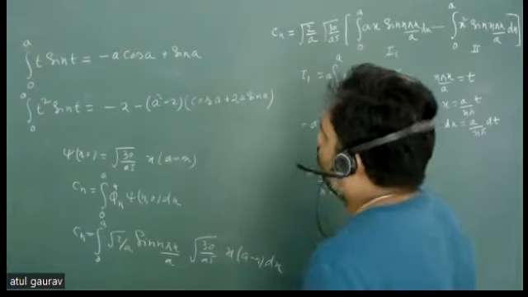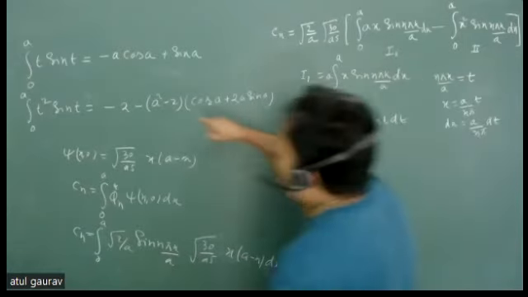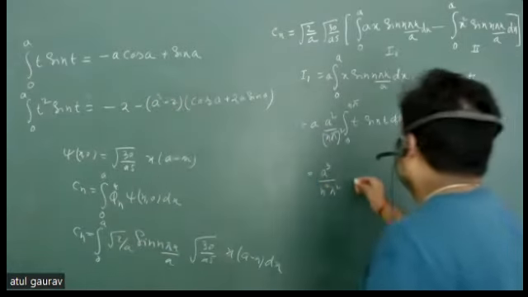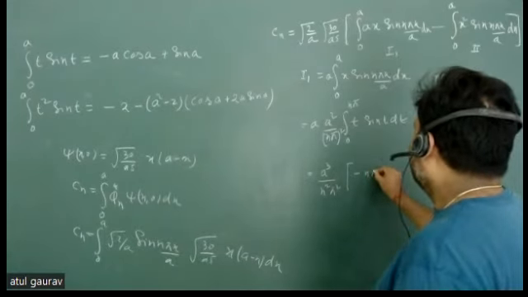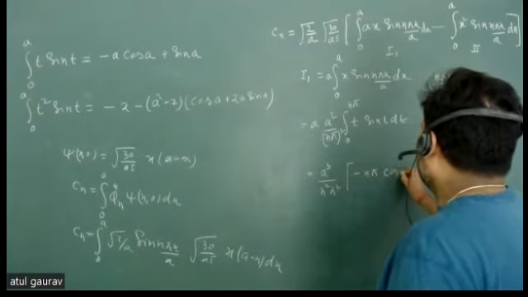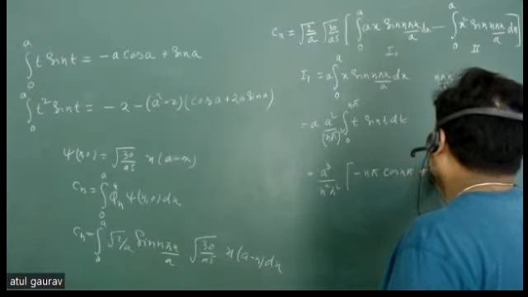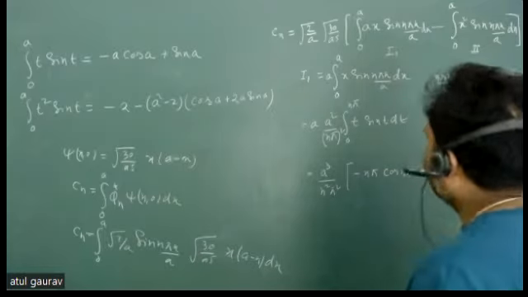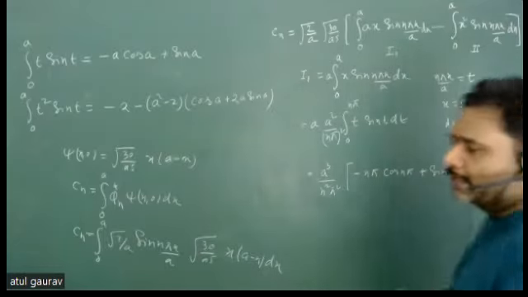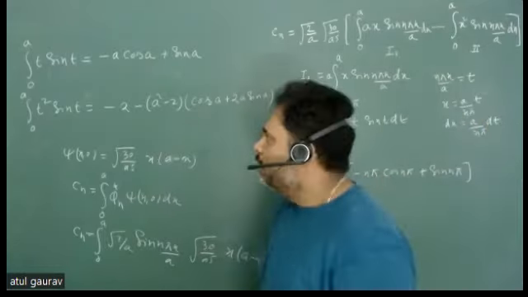Now put it in the formula. In place of a we have to put n pi. So that value is equal to minus n pi cos n pi plus sin n pi. And what will sin n pi be? That will always be 0 because n is equal to 1, 2, 3, 4 and so on.